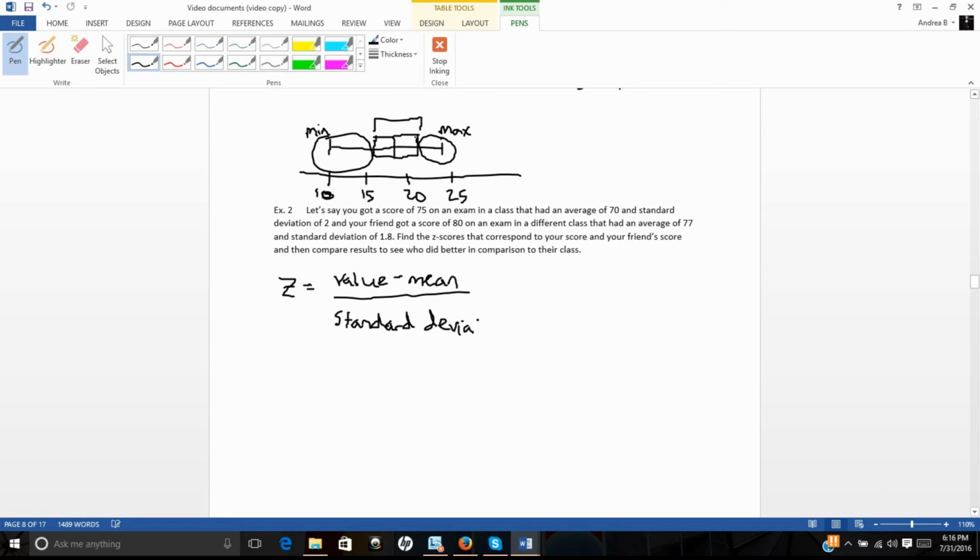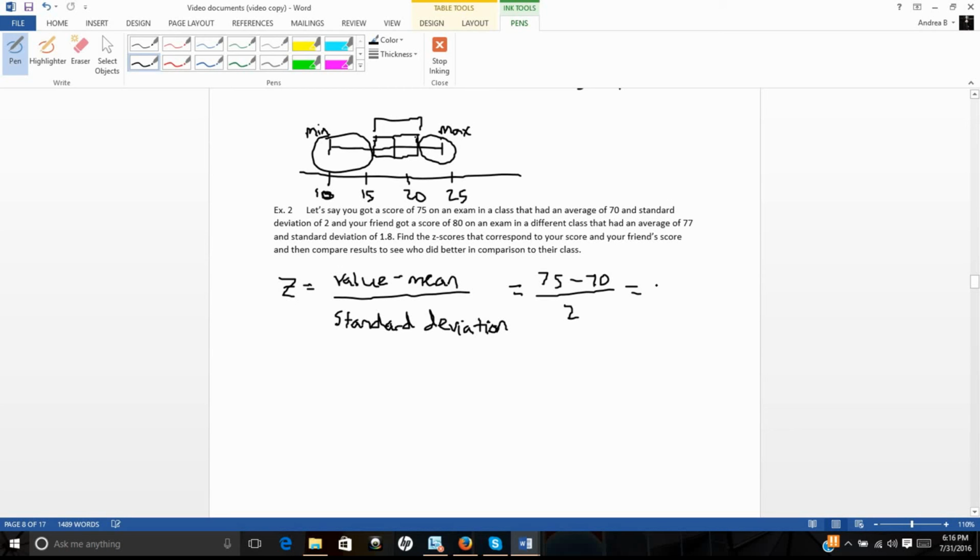So for instance, here it said that your score, so your score in this case is your value. You got a 75. Subtract from that the mean. Remember, mean is the same thing as the average. So you subtract off the 70 and then divide it by the standard deviation of 2.